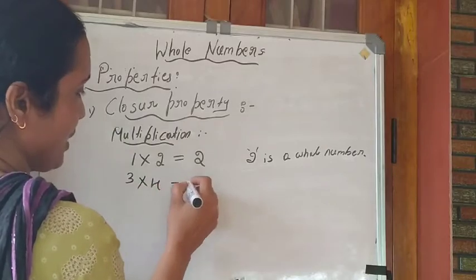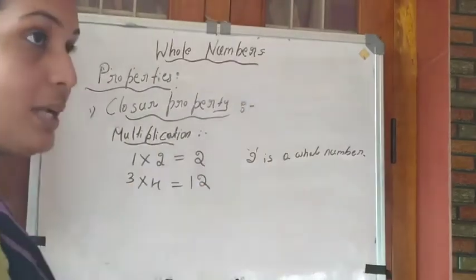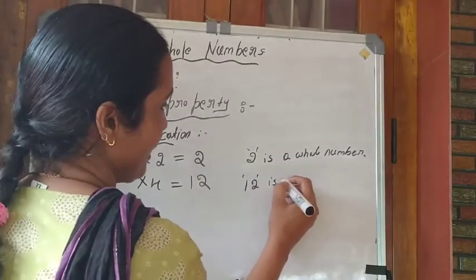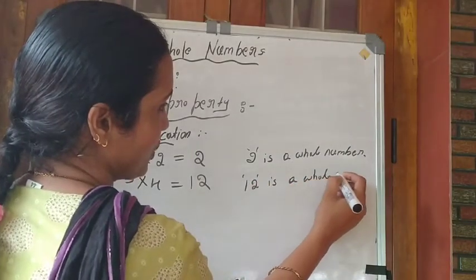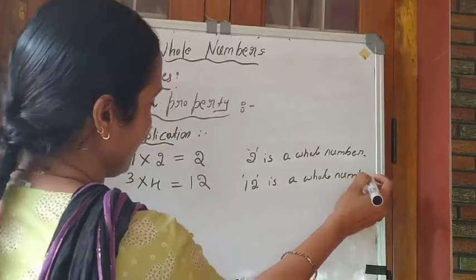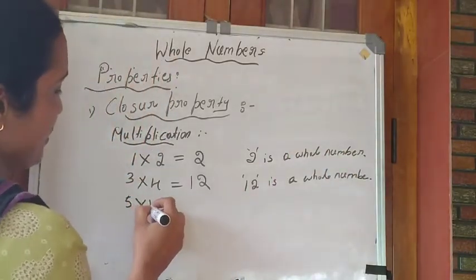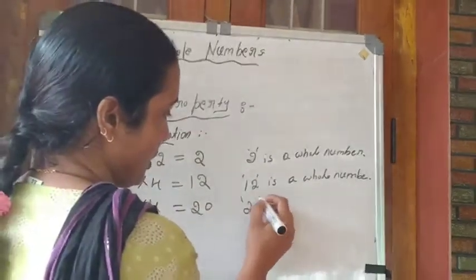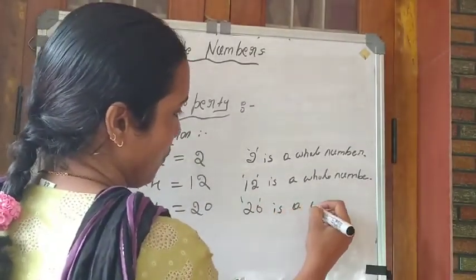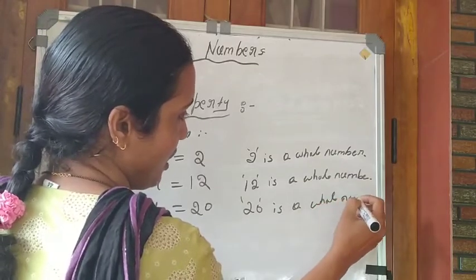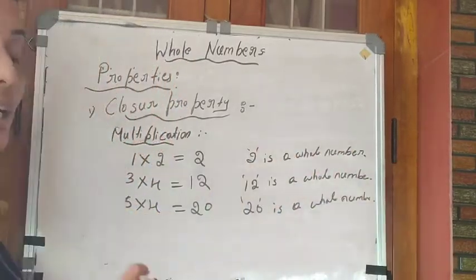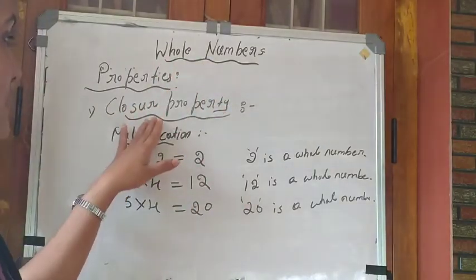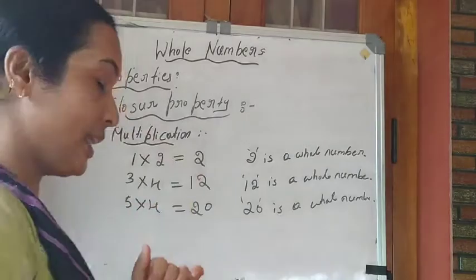3 into 4. 3 is a whole number, 4 is a whole number. The answer 12 is also a whole number. 5 fours are 20. 20 is also a whole number. So the conclusion is whole number is closed under multiplication.